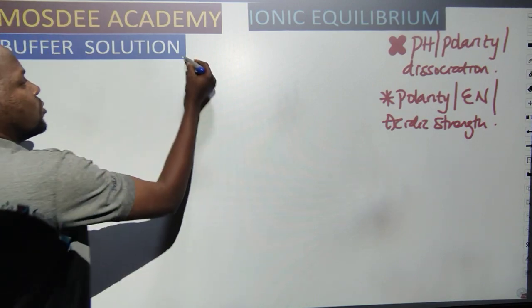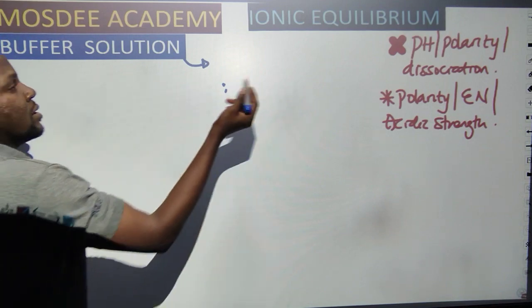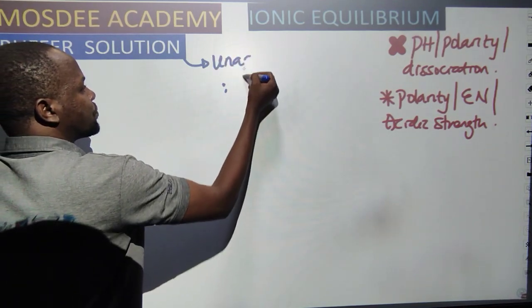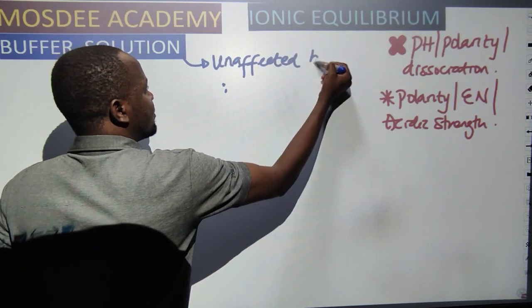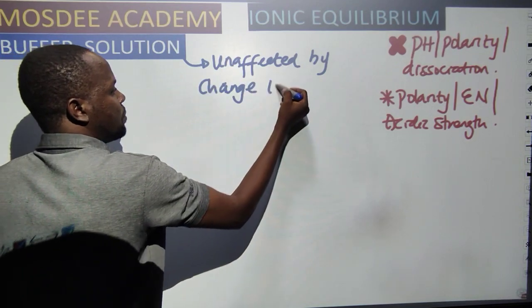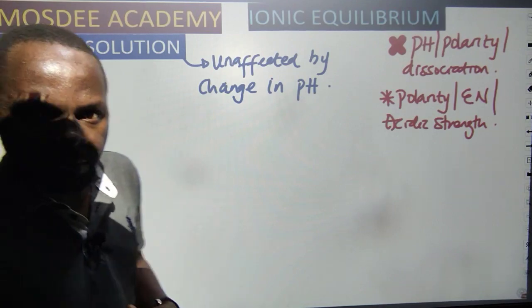Now about buffer solution, an important thing we can write. We've defined buffer solution as a solution that is unaffected by change in pH. I'm going to increase my pace a little bit.